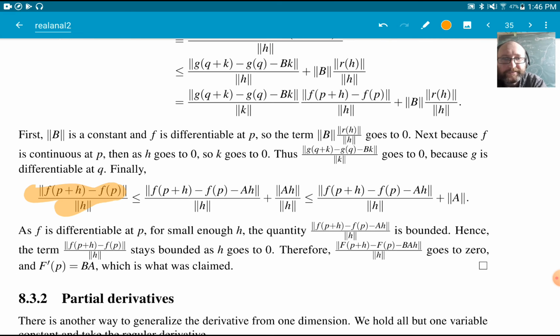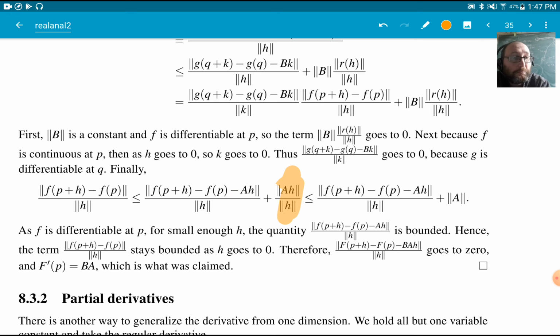Let's look at what it is. Now, I could subtract and add the A of H. So I have this, using the triangle inequality, plus this. That is a bound from above of this guy. Now, this first term, just by knowing that f is differentiable, this thing goes to 0. So that goes away, and I just have this.